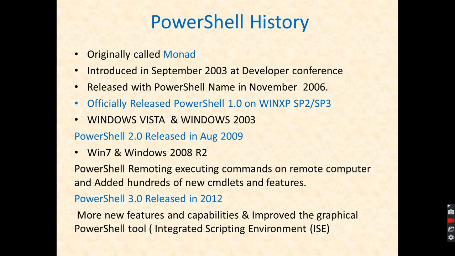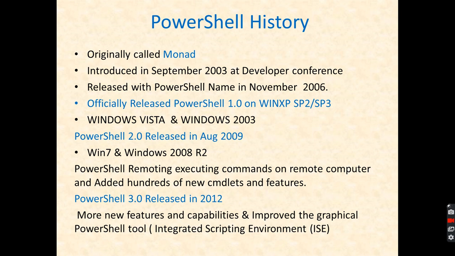Okay, and PowerShell history. It was originally called Monad, introduced in September 2003 at a developer conference, and officially released with the PowerShell name in November 2006. PowerShell 1.0 came on Windows XP SP3, Vista and Windows 2003.